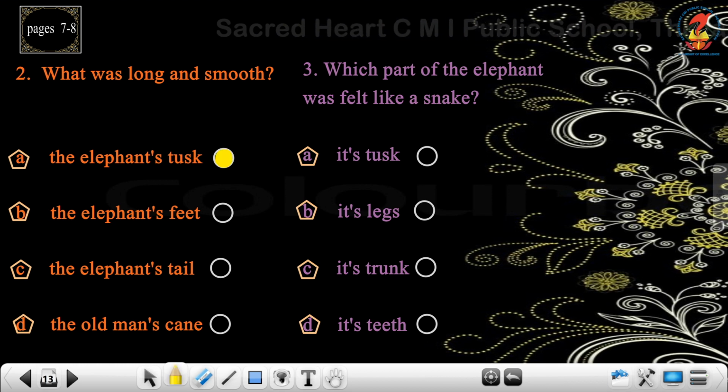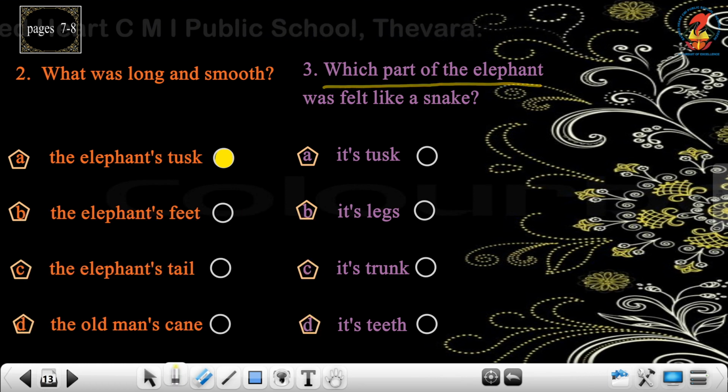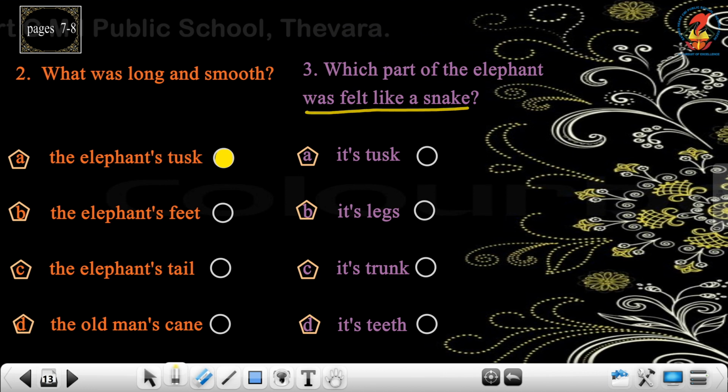Moving on to the third question. Which part of the elephant was felt like a snake? So somebody touched a part of the elephant and they felt like it was a snake. Which part of the elephant felt like a snake? It was long and was like a wiry thing.